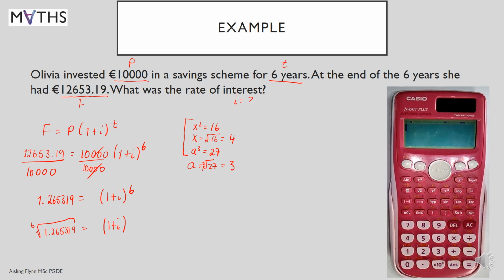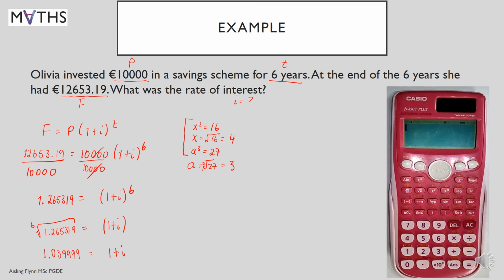Okay, so for the bracket we get a value that's equal to 1.039999. Okay, I could continue but I won't. Okay, equals 1 plus I.